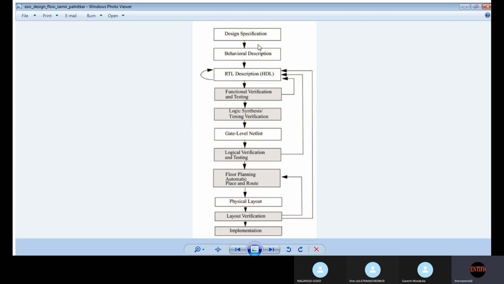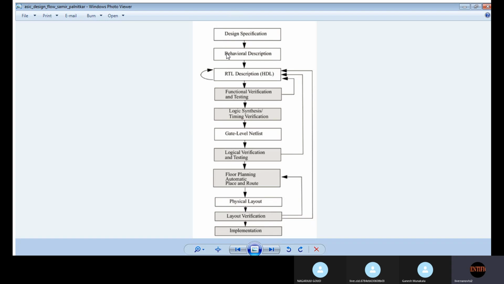After writing the specifications, it means the device has to operate at this much frequency. The device should have these many inputs and outputs. What are the inputs and what are the outputs? On how much frequency it has to run, what should be the clock speed, what is the power consumption, what is the power dissipation. All these things you will be describing. That is what is called design specifications.